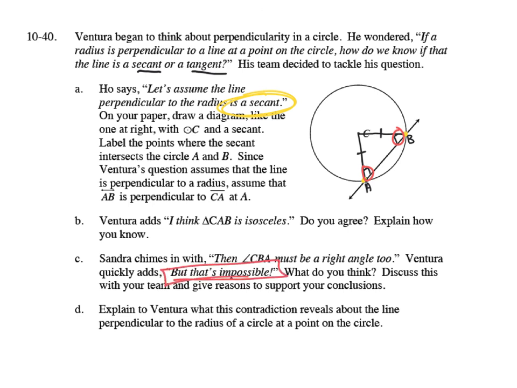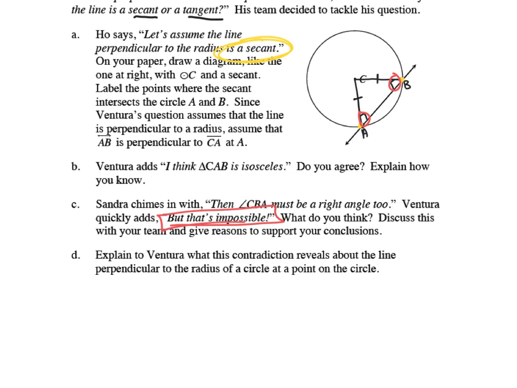Okay, so back at the beginning, we said there were only three possibilities. Either a line intersects a circle twice, and it's a secant, or it intersects a circle once, and it's a tangent, or it doesn't intersect a circle at all. Because of this contradiction that was shown with my two 90-degree angles, I know that the line perpendicular to the radius of a circle at the point on the circle must be a tangent line.